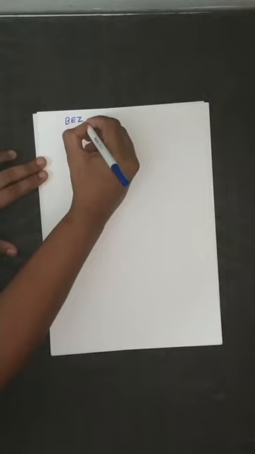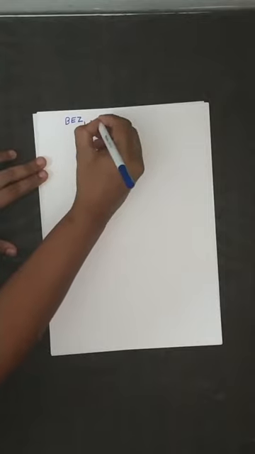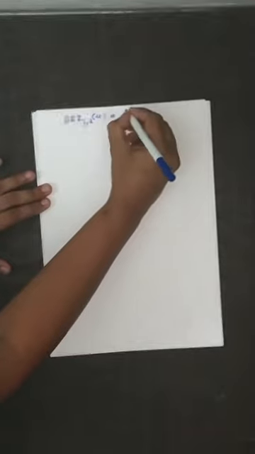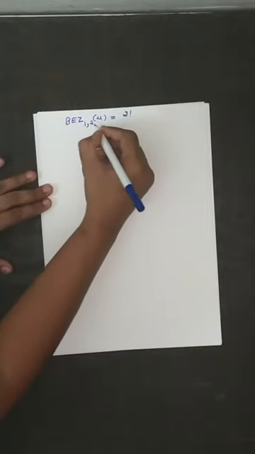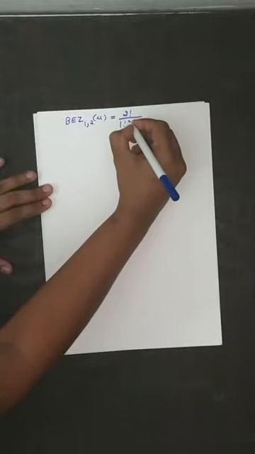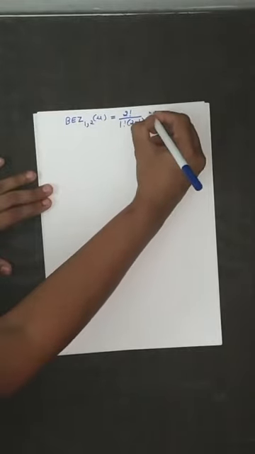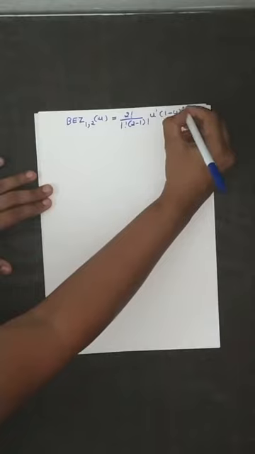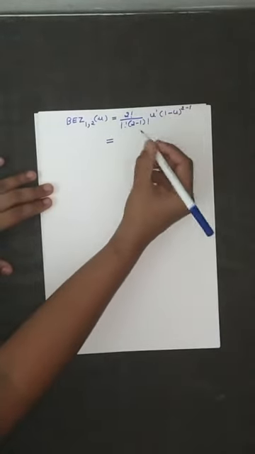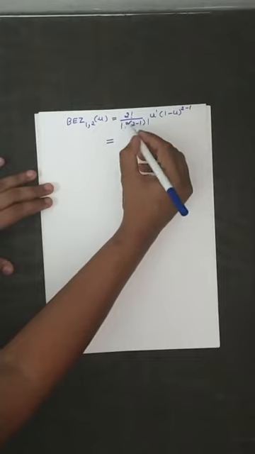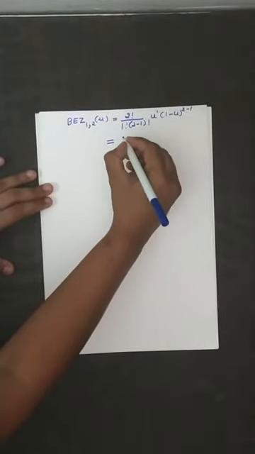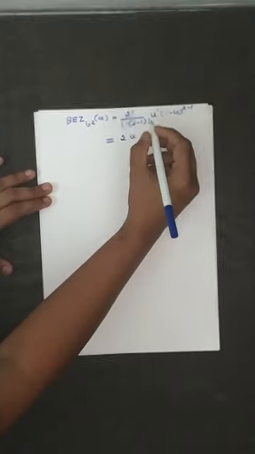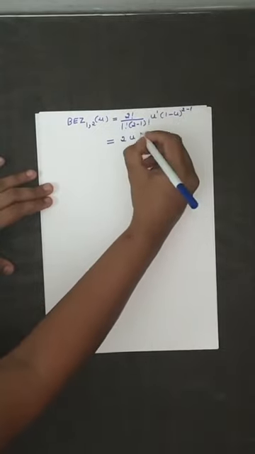Then the next term, k is 1 and n is 2, so same formula: 2 factorial divided by 1 factorial times 2 minus 1 factorial, u to the power k, 1 minus u to the power n minus k. So 2 minus 1 factorial is 1 factorial, so 2 factorial, that is 2, u to the power 1 means u, then 2 minus 1 is 1, so 1 minus u.